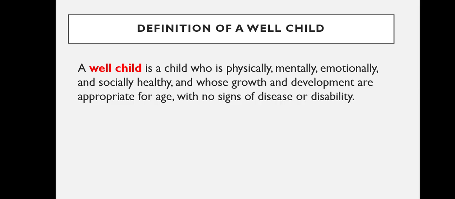Therefore, we are going to start with the definition of the well child. Who is a well child? That's the first question you should ask yourself. What do we mean by a well child? Basically, when you look at the well child, we are not solely going to depend on whether the child is not injured, or whether the child has eaten, or whether the child is in a clean environment.